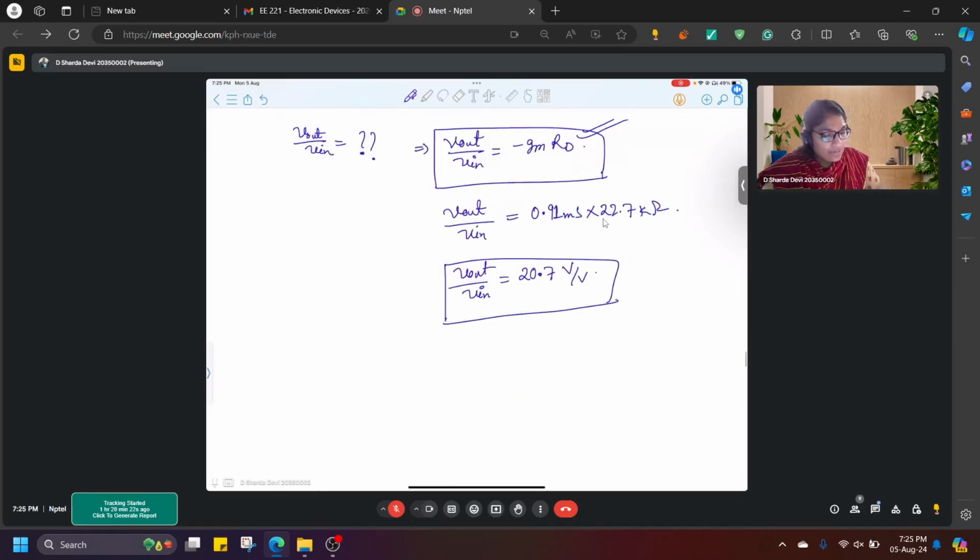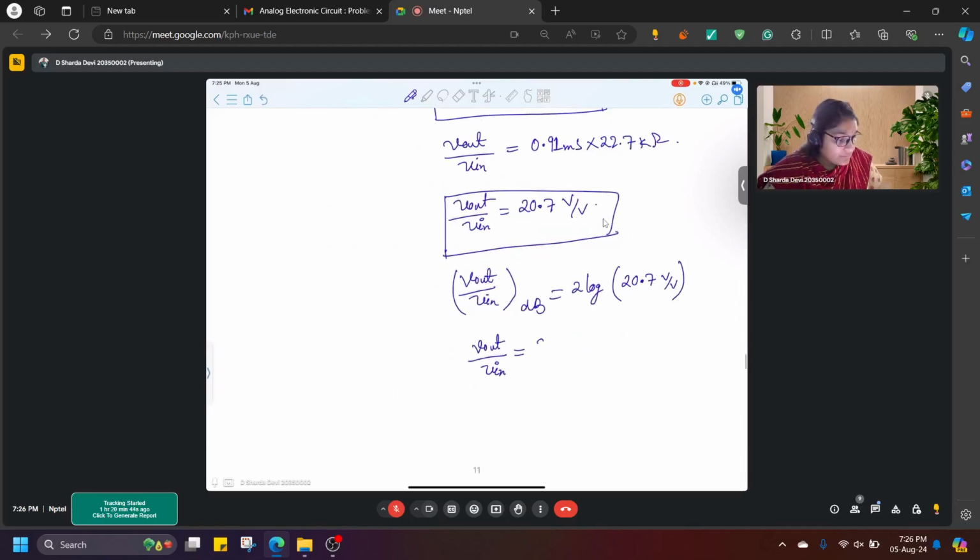Now, if we want to calculate it in decibels, it will be 20 log 20.7, which is 26 decibels.